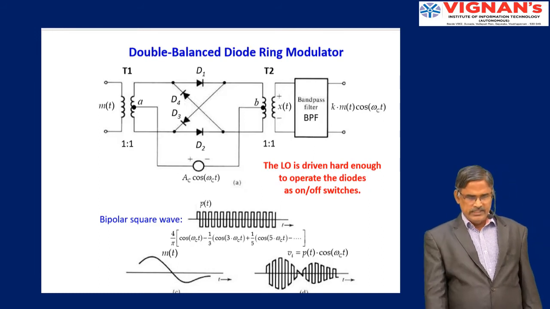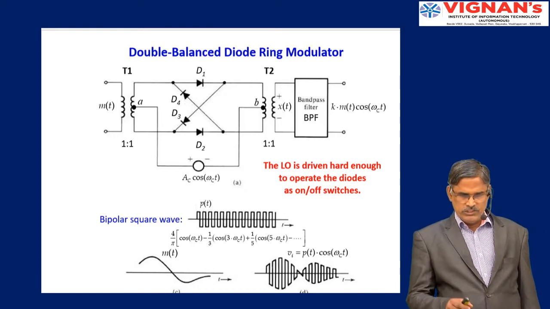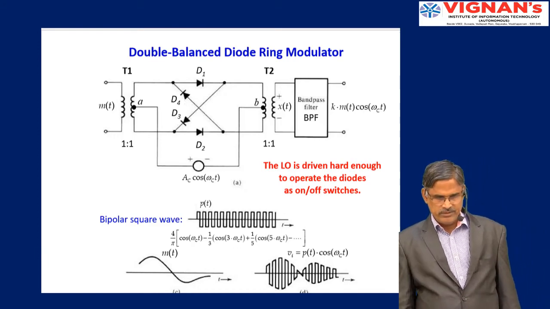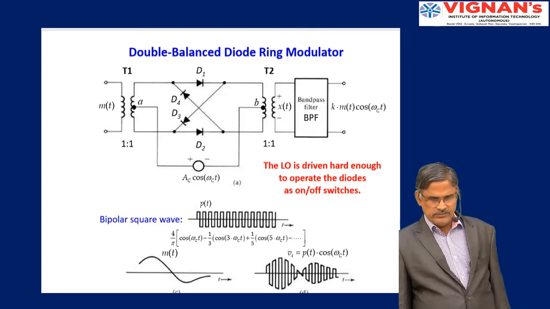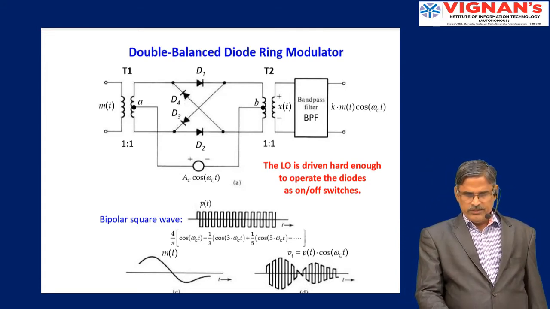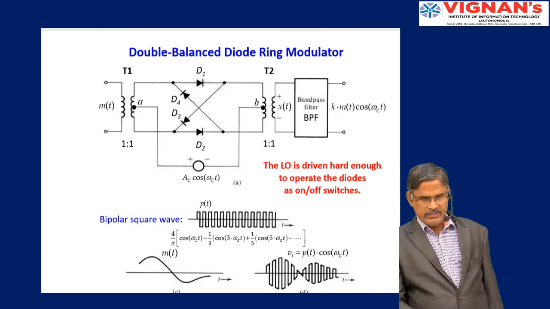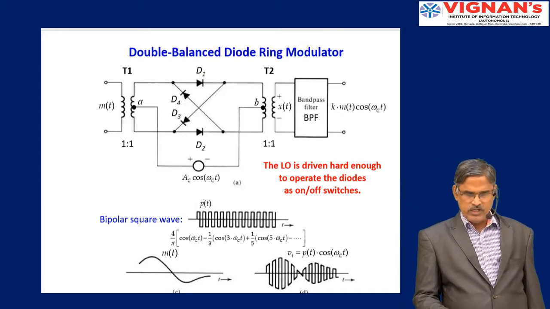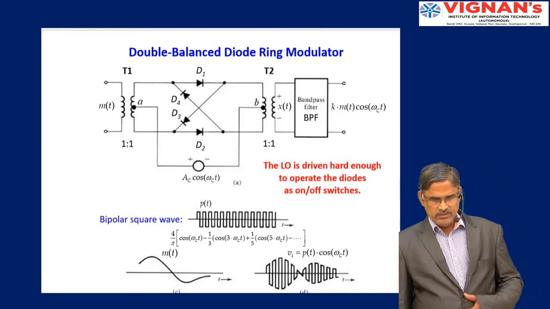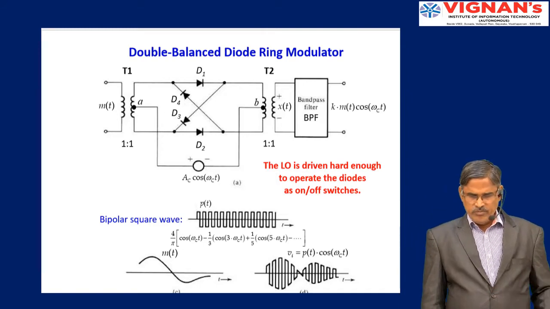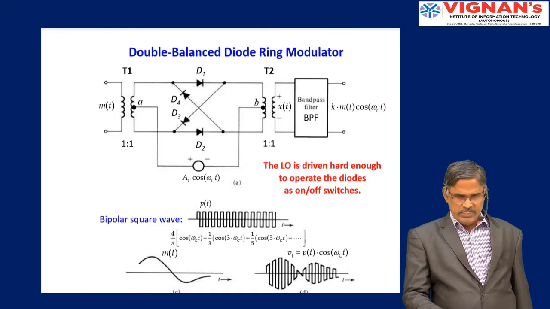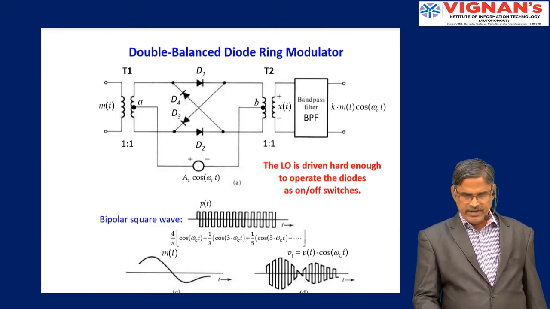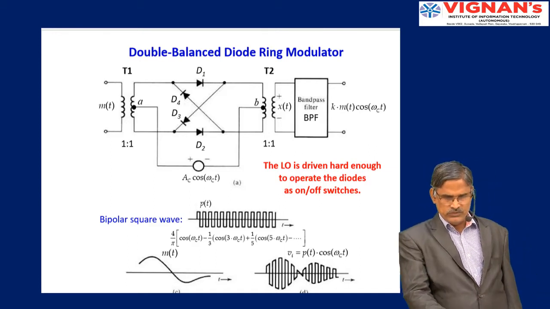The carrier signal is a bipolar square wave. That means the square wave goes positive and negative alternately. This square wave, Ac cos omega ct, is applied to the center tap of both transformers. It is assumed as a rectangular pulse train, a bipolar square wave.